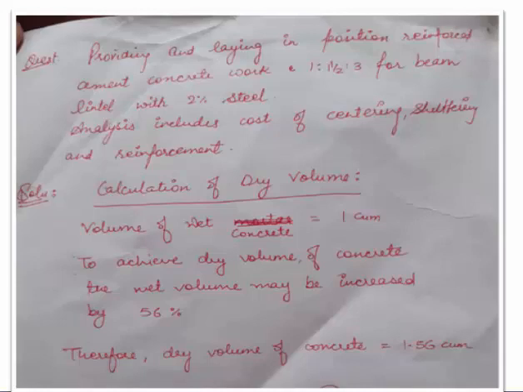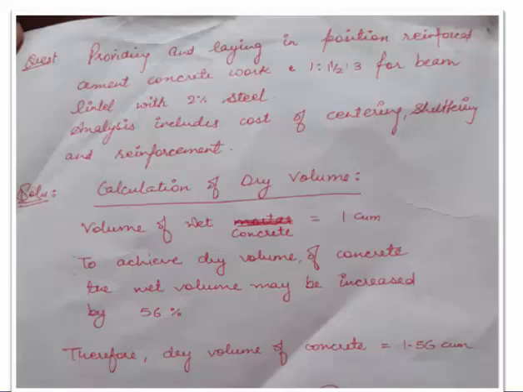When you go through the analysis of rates 2014, and after the year 2001, when we pick up any analysis of rates which is issued by the CPWD, Central Public Works Department, it will not include the cost of the centering, shuttering, and reinforcement. The analysis of rate for centering, shuttering, and reinforcement is given separately. The item is not clubbed, right?